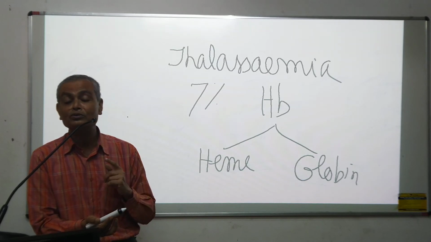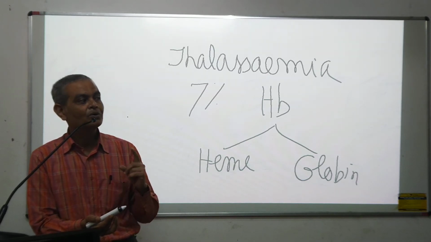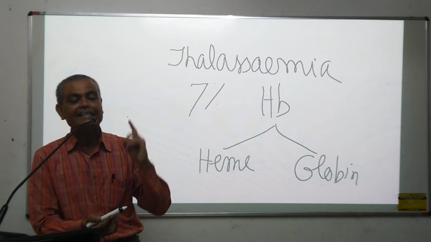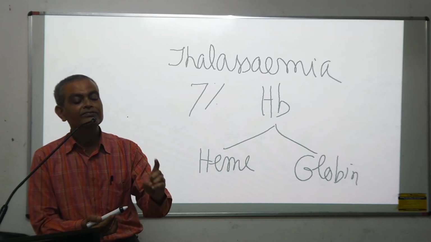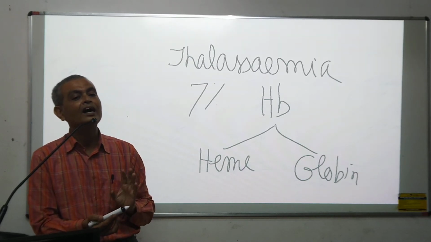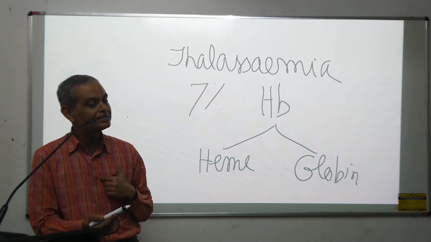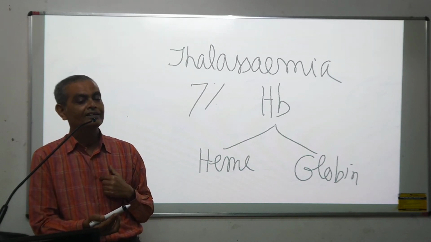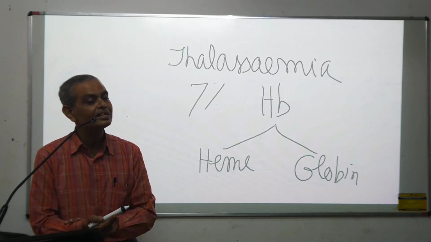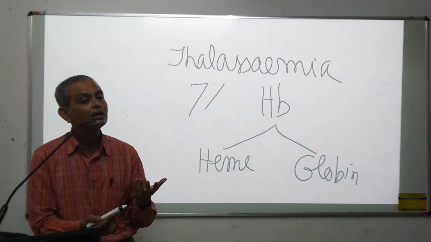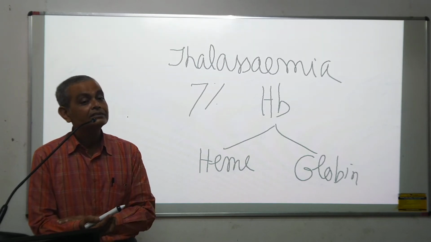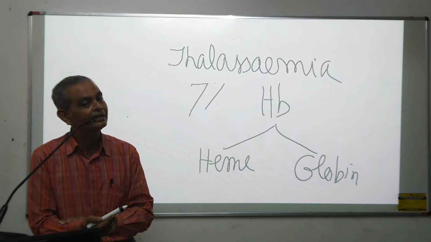Now think about the possibility. Suppose in a chair, your front 2 legs are injured. So that means in my hemoglobin molecule, the beta chains are injured because they are small. Then will the shape of the chair be maintained?